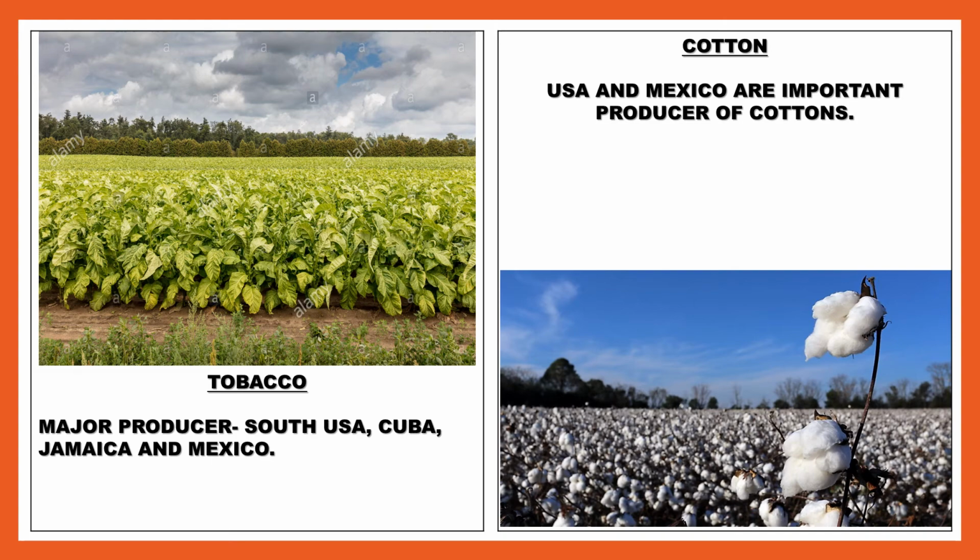The cotton belt lies along the Mississippi Valley. USA and Mexico are important producers of long staple cotton. Tobacco grows in the Southeast USA, Cuba, Jamaica, and Mexico. The USA ranks second after China among major tobacco growing countries of the world.